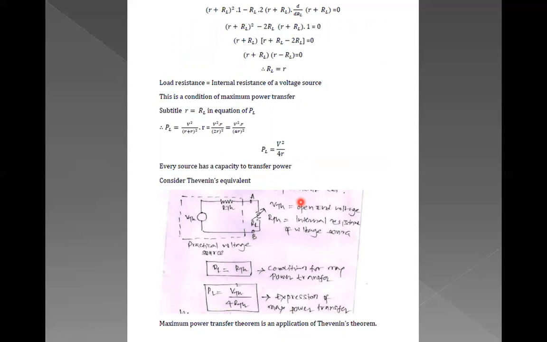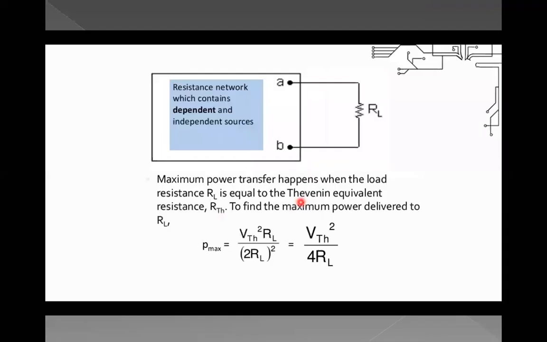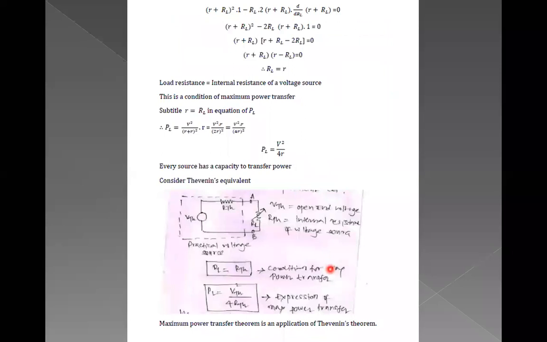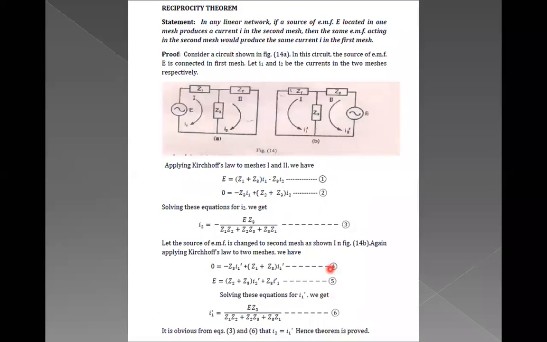Or we can say that PL, the load power, which is the maximum power, is equal to V square by 4R. And as we said, R is nothing but the load resistance. So we can say that Pmax, the maximum power, is equal to V square by 4RL. It means we can say that the theorem is true.